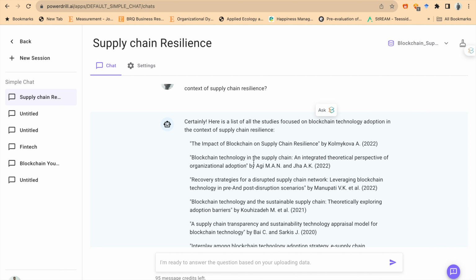Now, in the same way, you can extract the studies or the information about each theme. That's how you can identify how many studies and what are the different studies included in different themes. The next step would be searching these studies within my Excel sheet and labelling them based on the themes which we have extracted from this Powerdrill.